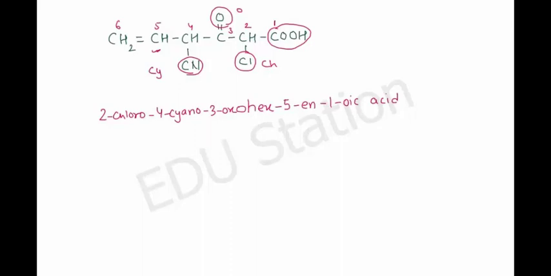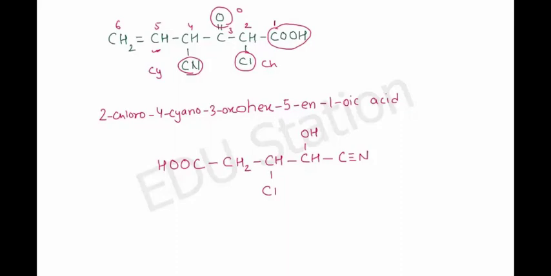Now we have written cyano for CN. Now let's say we have a COOH acid, and we're supposed to name this.